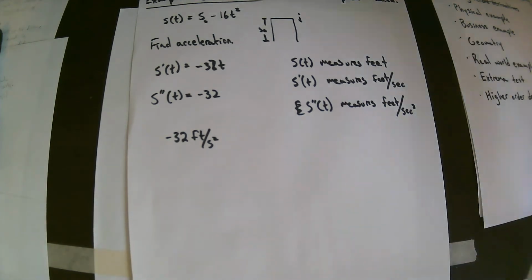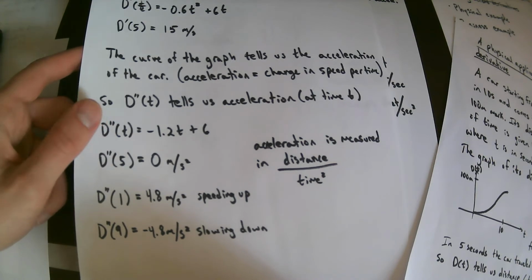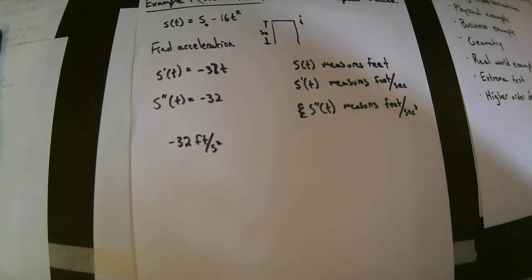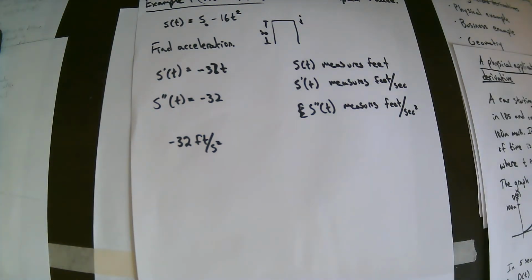Over here, acceleration was negative because we were slowing down, because of the way I defined the problem. But here, it's negative because the object is actually going down, and we're defining a downward movement as negative.